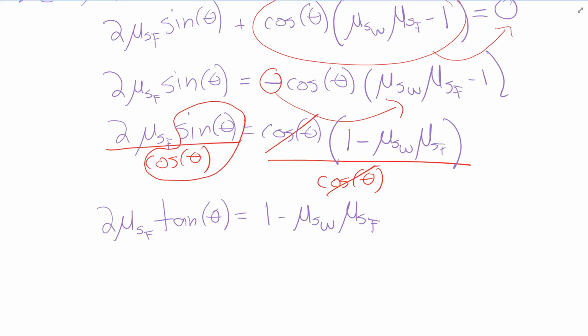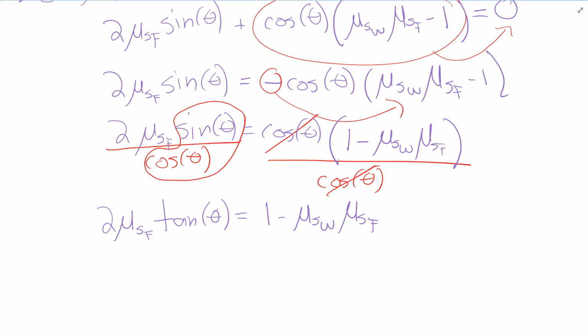If I had an equation of just cosines, I could use inverse cosine or arc cosine to find the angle. But if I have a mixture of sines and cosines, I can't use my inverse functions. But now that I've divided by cosine and I've brought them together and turned it into tangent, I could use inverse tangent and get an angle.